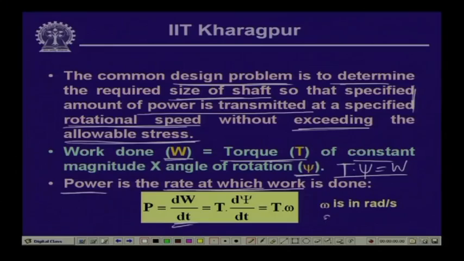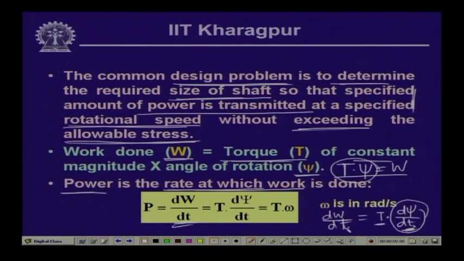Now, power is generally the rate at which this work is done. So, P is equal to dW/dt, and T being a constant magnitude, if you substitute W as T psi, where small t is the time, this is equal to capital T, which is a constant torque, times d psi/dt, and small t again is with respect to time.